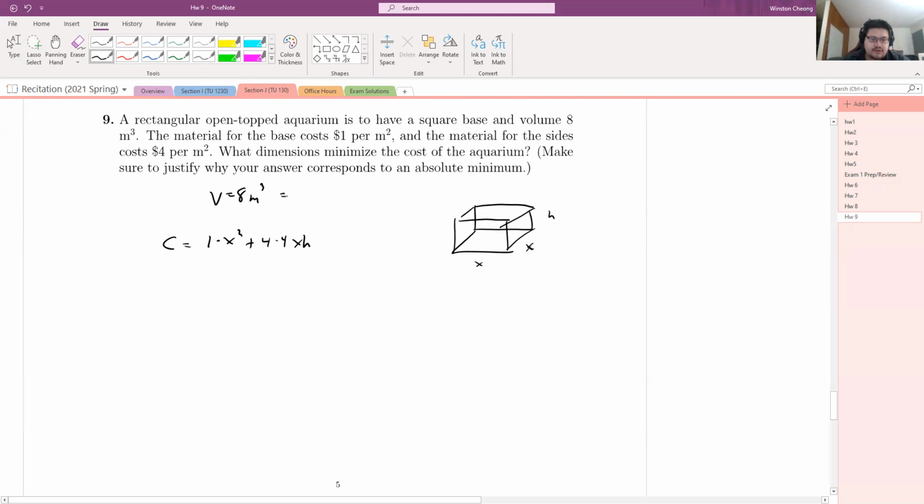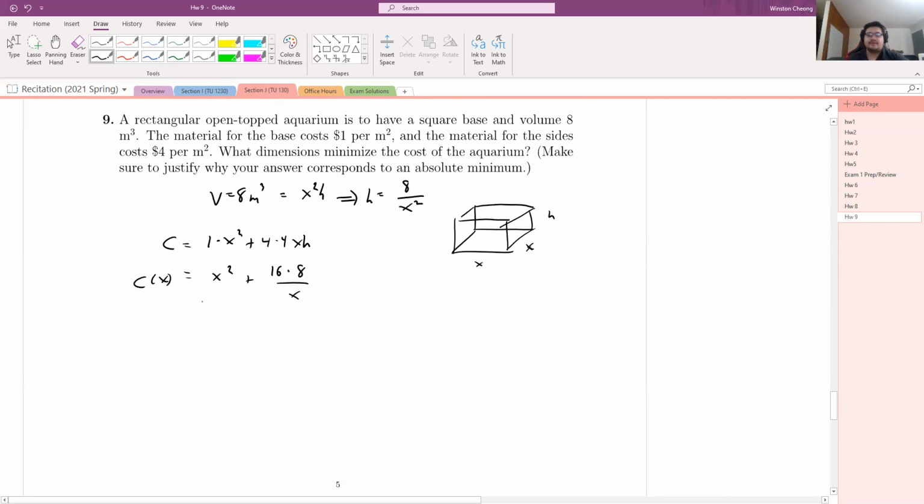And just like before, we need to get rid of one of these variables in order to optimize. So I use the other equation, which is that 8 is equal to x squared h. Let's divide to get h alone. And now I can replace h. We get x squared plus 16 divided by x.